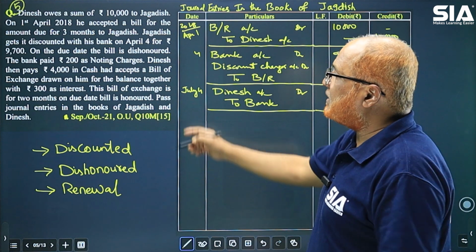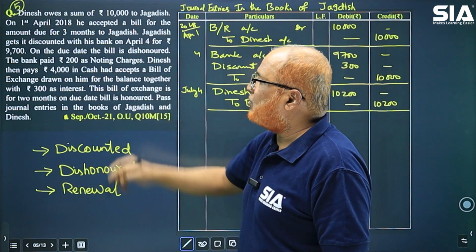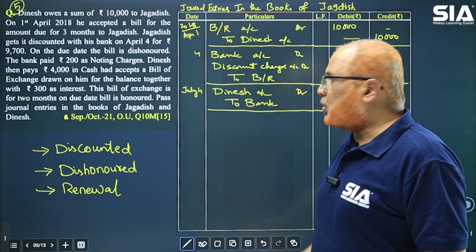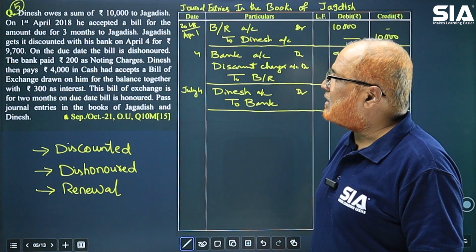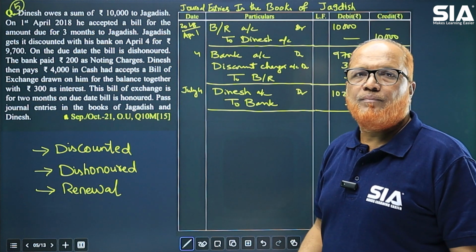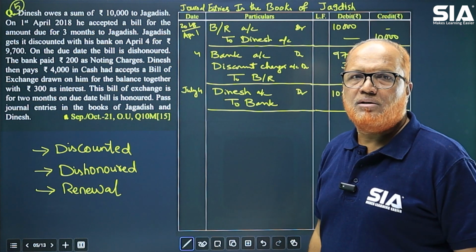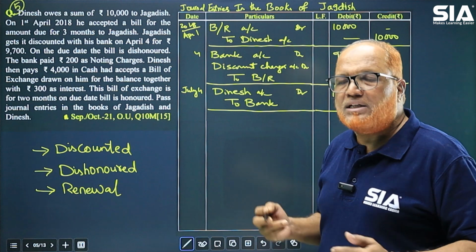Now what is happening after discounting? Dinesh then pays 4,000 in cash. Totally 10,200 has to be received, but out of 10,200, 4,000 Dinesh is paying in cash. So Jagdish is getting the cash.